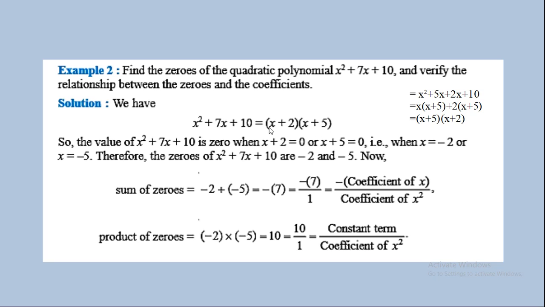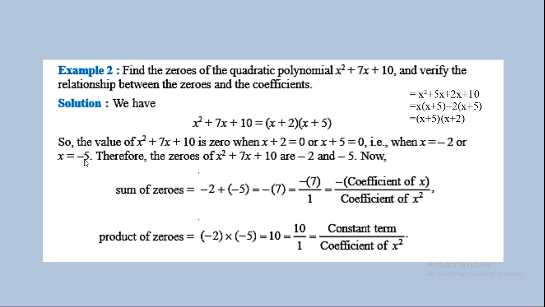When either of these factors equals 0, the value of the polynomial will be 0. That is, when x plus 2 equals 0 or when x plus 5 equals 0. When x is minus 2, minus 2 plus 2 equals 0.